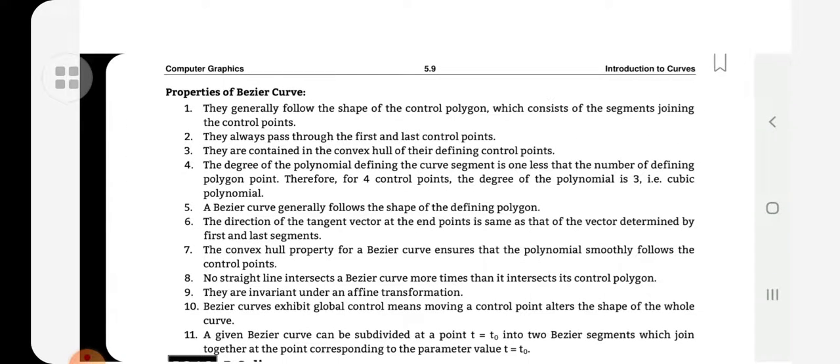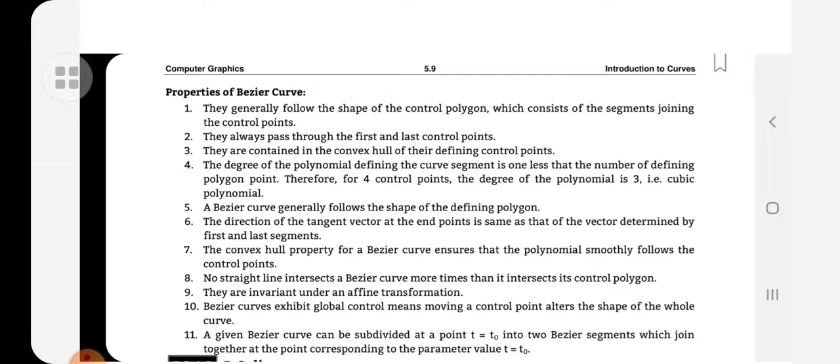Then some of the properties of the Bezier curve. The first is that they generally follow the shape of the control polygon, which consists of the segments joining the control points. They always pass through the first and last control points. They are contained in the convex hull of their defining control points.